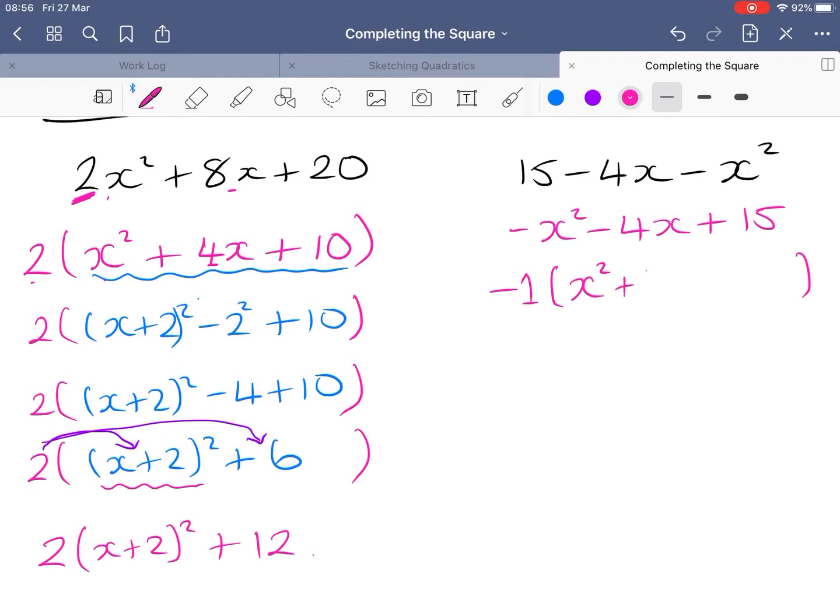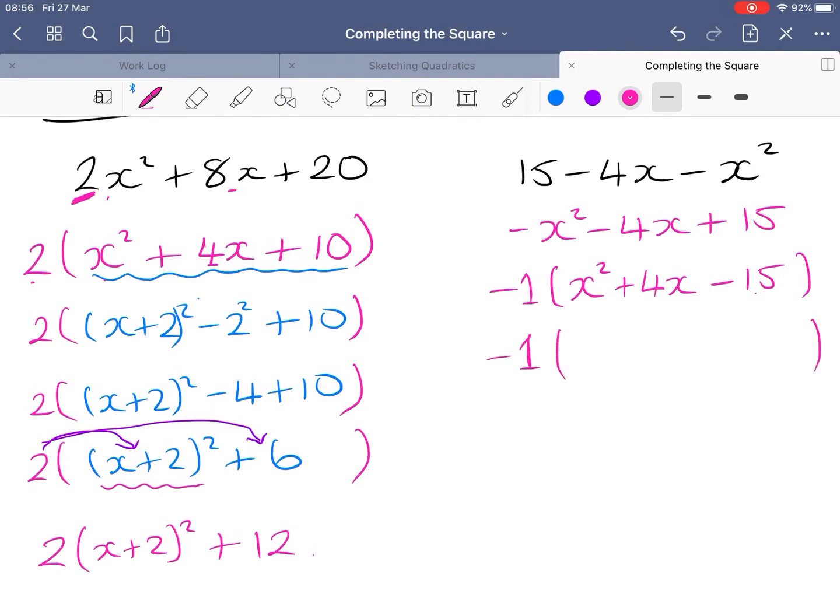Well, that would have to be plus 4x. And this is the hardest one, the one most people get wrong. Minus 1 times what makes plus 15 would have to be minus 15, because a negative multiplied by a negative makes a positive.